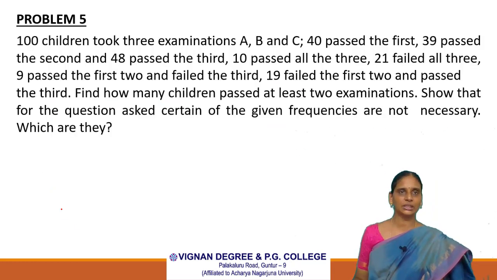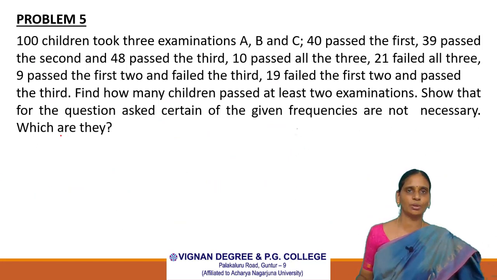And next, coming to the fifth problem. So the problem is like this: 100 children took 3 examinations. So those examinations are denoted by A, B and C. 40 passed the first, 39 passed the second, and 48 passed the third, 10 passed all the 3, 21 failed all the 3, 9 passed the first 2 and failed the third, 19 failed the first 2 and passed the third.